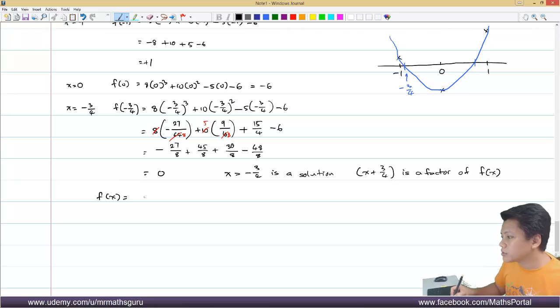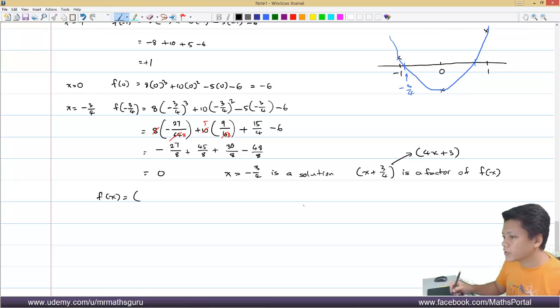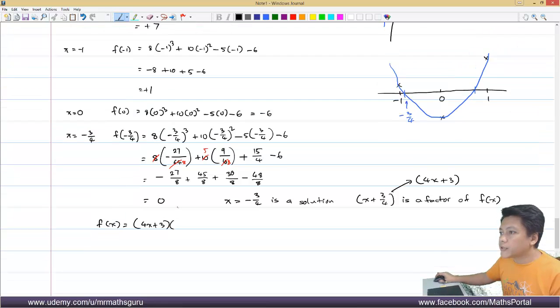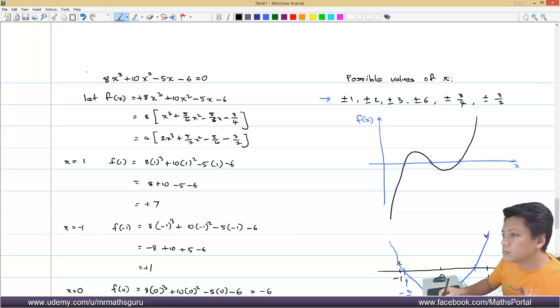f(x) now equal to, well, this is not good. This is basically 4x plus 3. Okay, so there is going to be 4x plus 3. And remember, the coefficient of x cubed is 8. Okay, 8 plus 8.